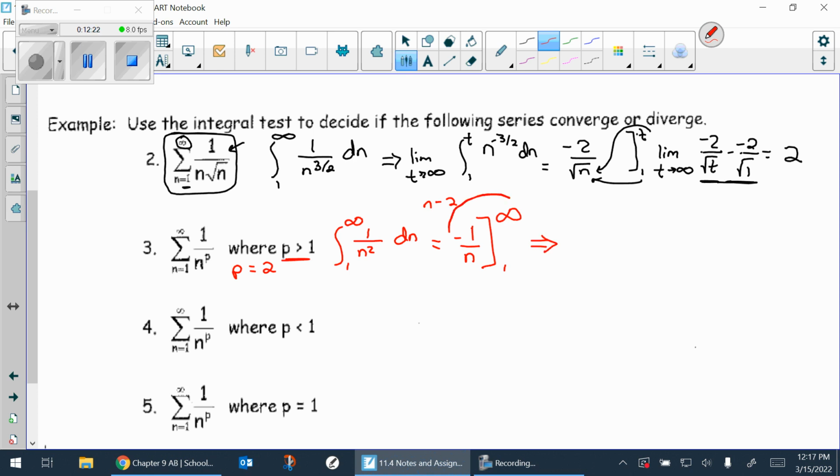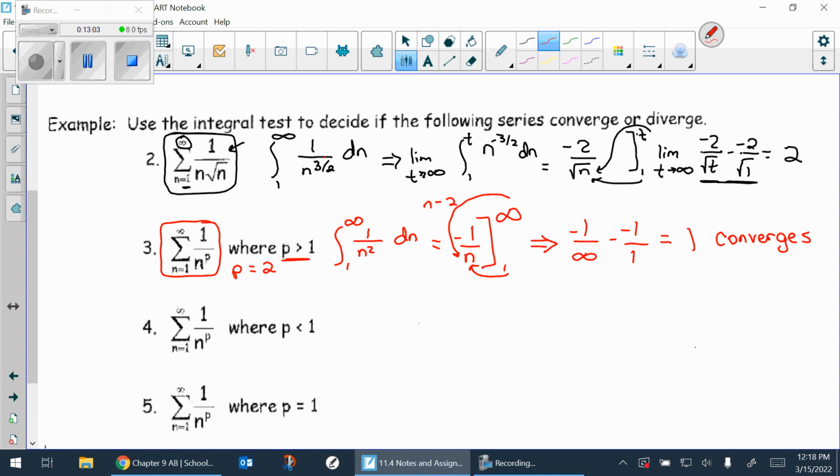I'll put infinity in here, and I'm going to have -1 over some huge number minus -1 over 1. And that's going to be 0 minus -1, or 1. So I'm going to say that this series converges as well, because the integral converges, so does the series.